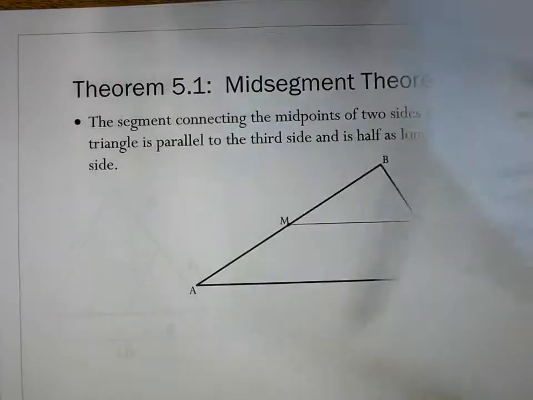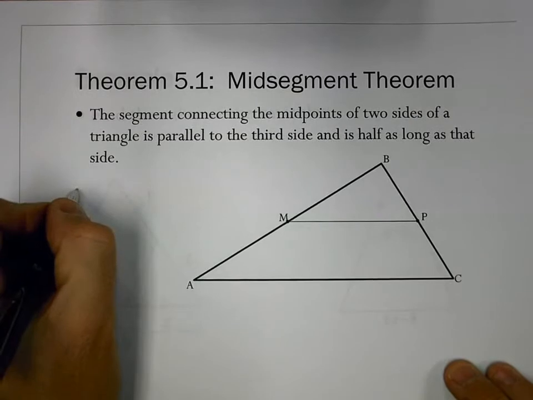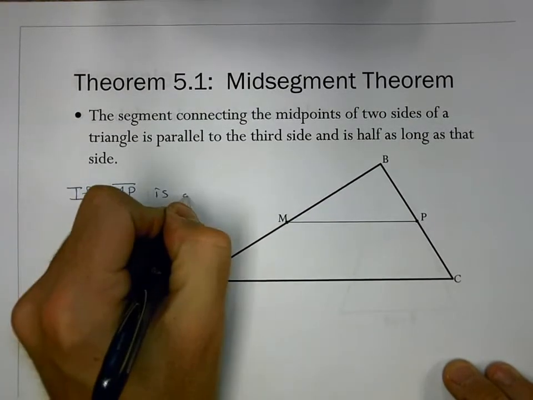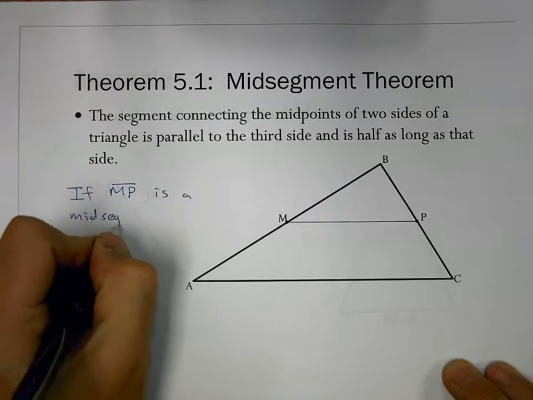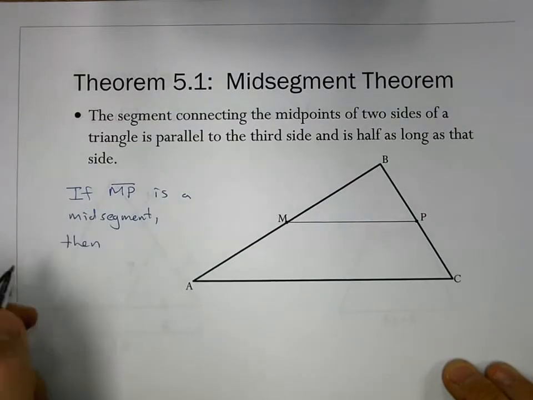Next, we go to the mid-segment theorem, which is where we actually apply it. The mid-segment theorem says the segment connecting the midpoints of two sides of a triangle is parallel to the third side and is half as long as that side. So, let's start off by saying if MP is a mid-segment, then we know two things.